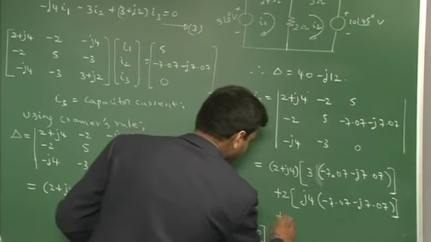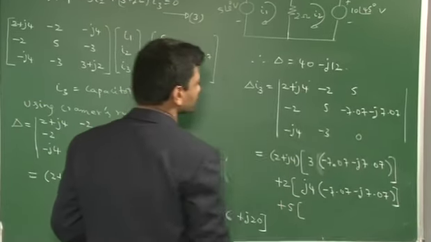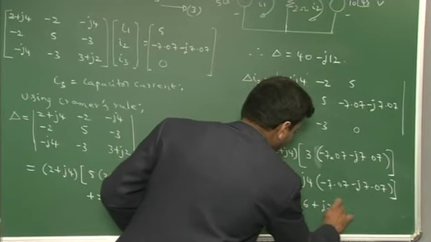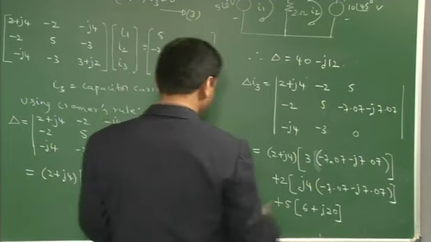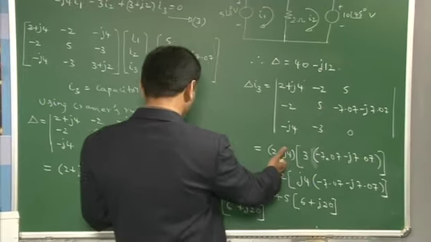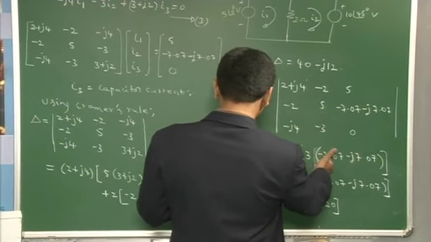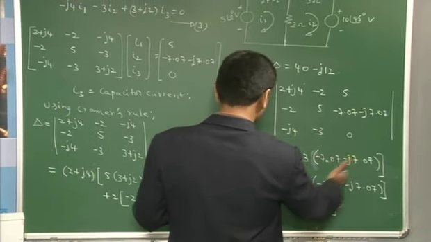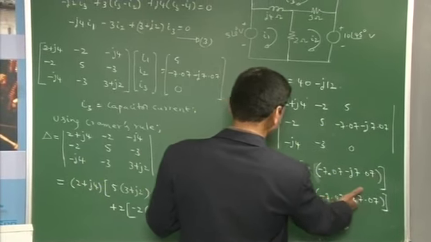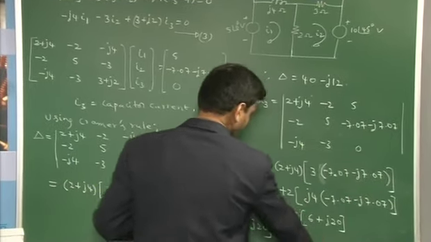Then next plus 5, square bracket opens, 6 plus j20. Okay, so let me cross check. Delta I3: 2 plus j4 times 3 into minus 7.07 minus j7.07, plus 2 times j4 into minus 7.07 minus j7.07, plus 5 into 6 plus j20.